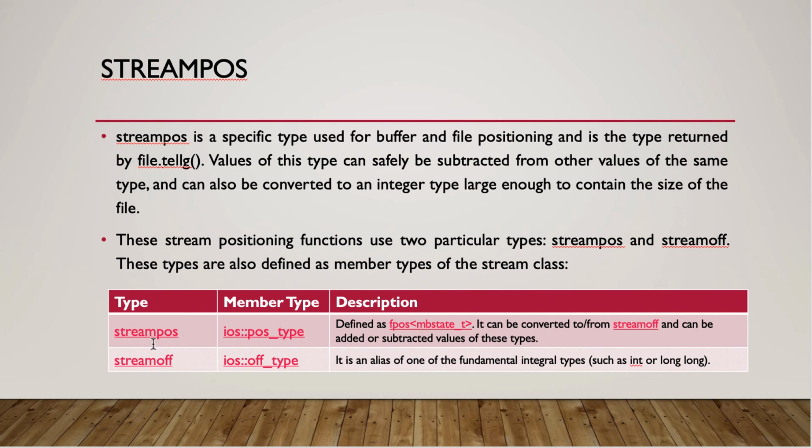So stream positioning, this is how you define it: ios, and then it's position_type, which defines a file position member, and it can be converted to or from stream offset and can be added or subtracted value from or to values of these types. And then the stream offset itself is an alias of one of the fundamental integral types, such as integer, long, or so on.